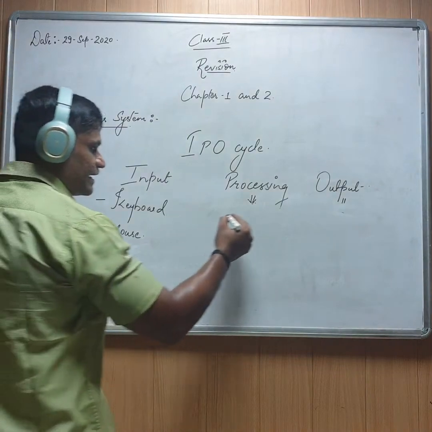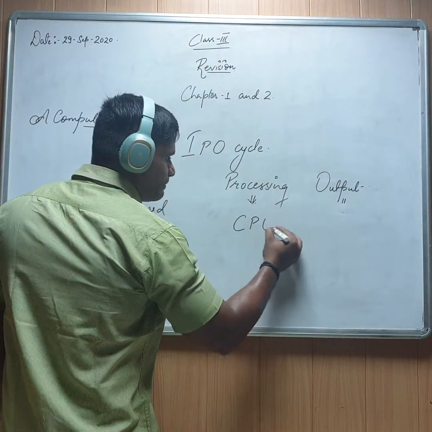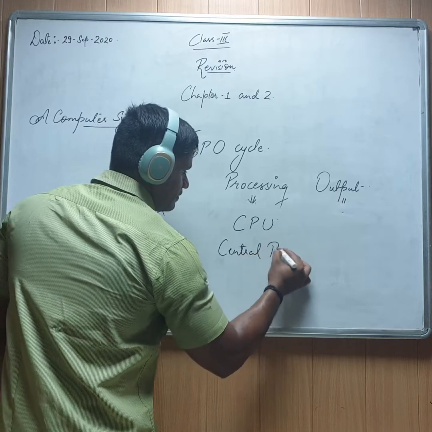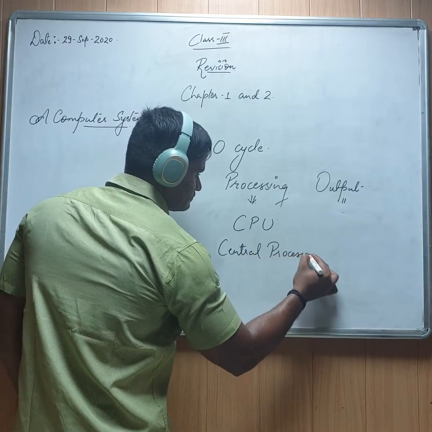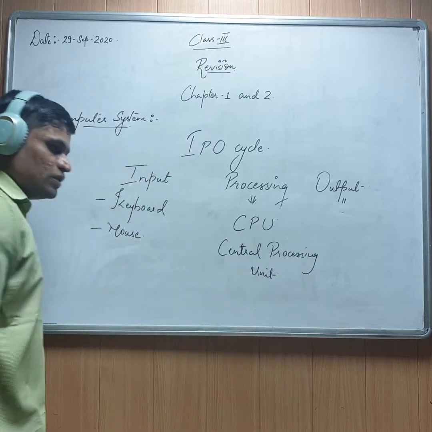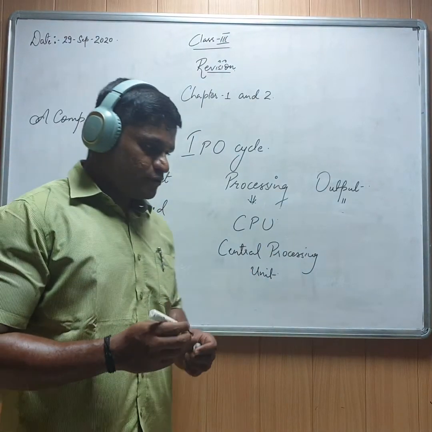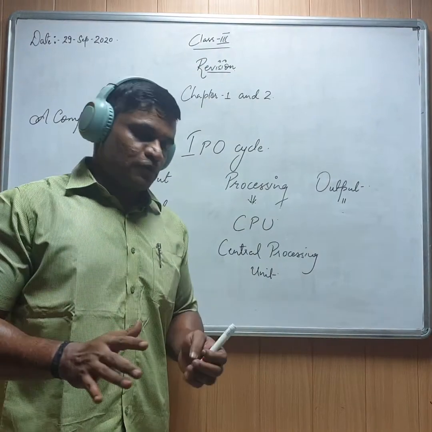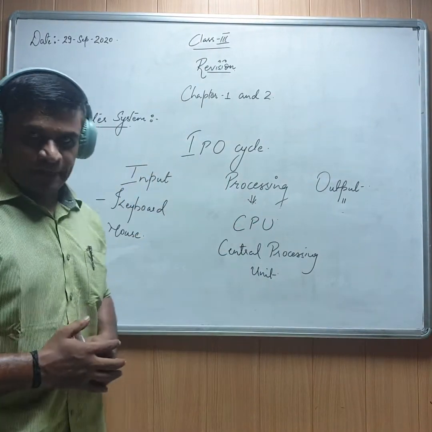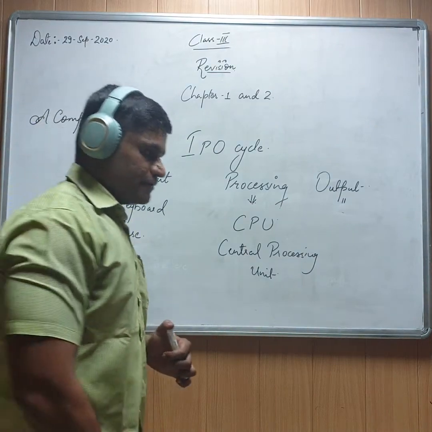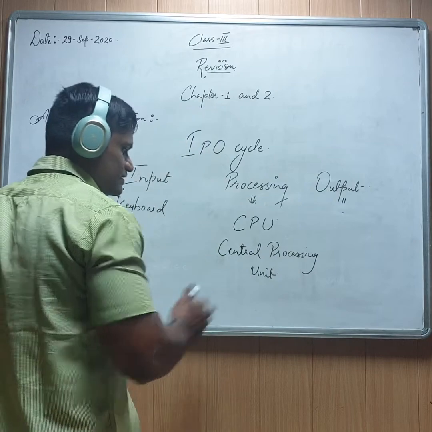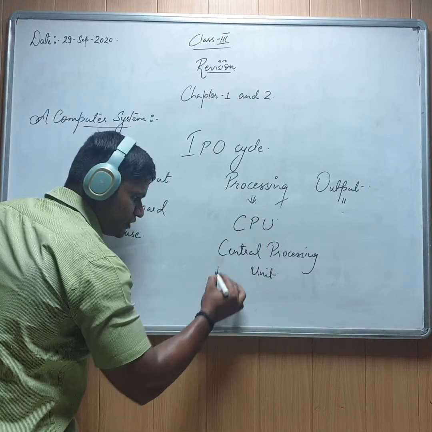Similarly, for processing, we use the CPU, that is Central Processing Unit, which is the brain of your computer, which does all the work of thinking, evaluating, or processing. It contains 3 units.